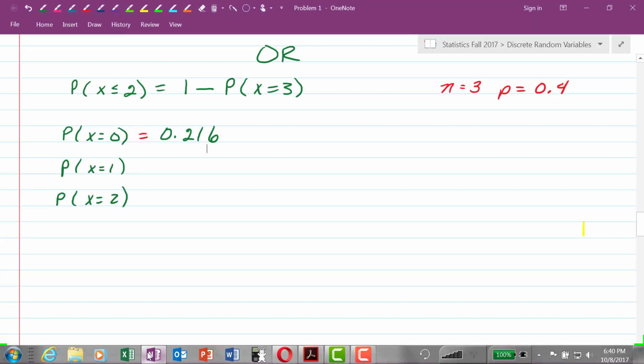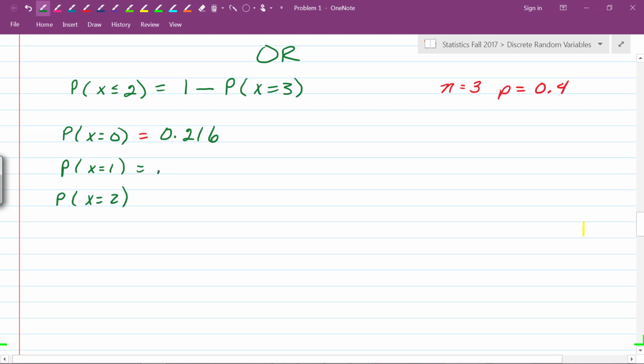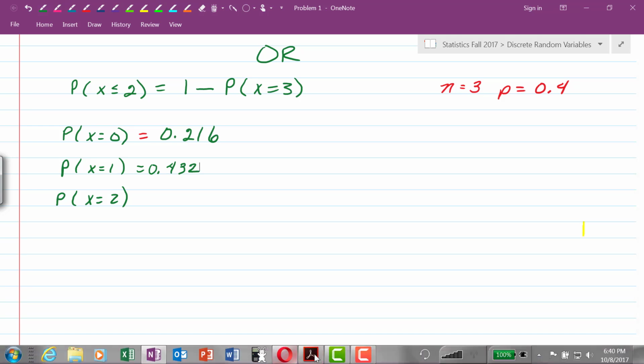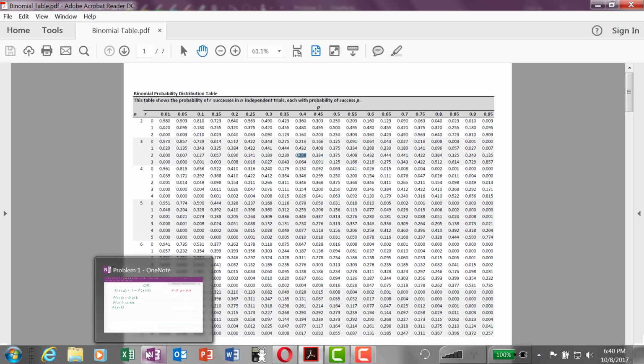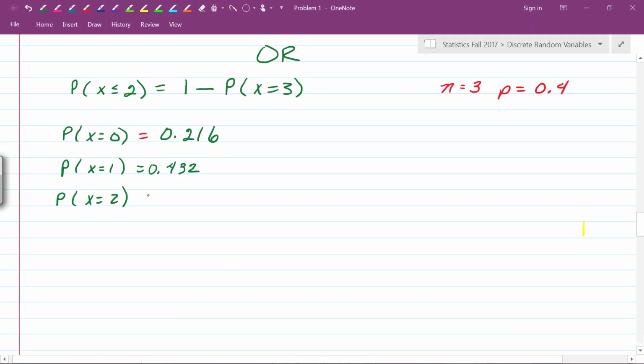So the probability that x equals 1 is 0.432. And then we have the probability that x equals 2. Let's go back over here. And that is equal to 0.288. That's right there, 0.288. So we'll write that down.